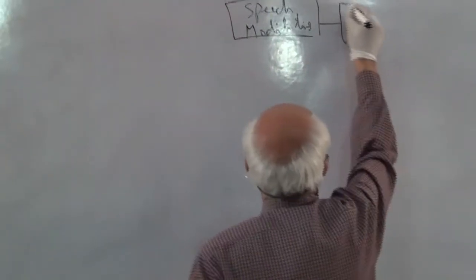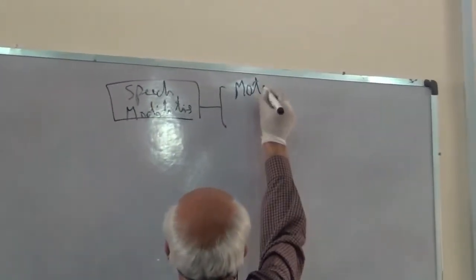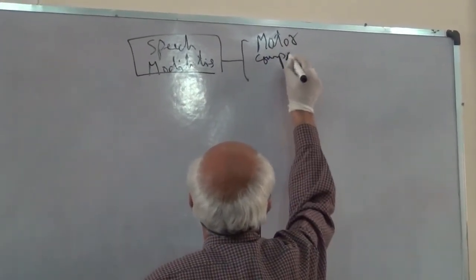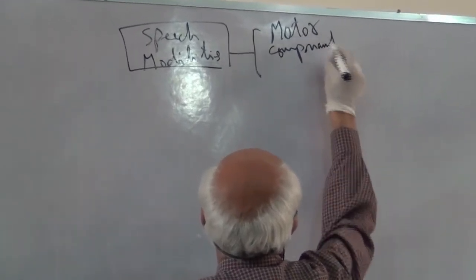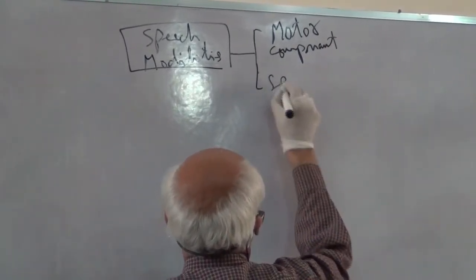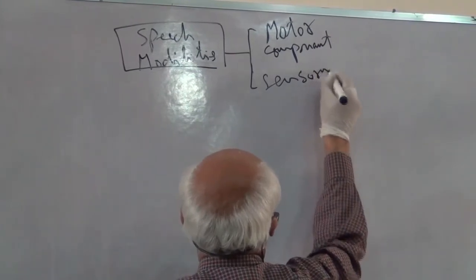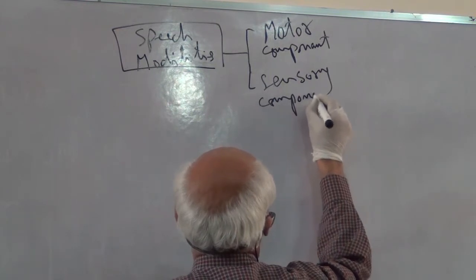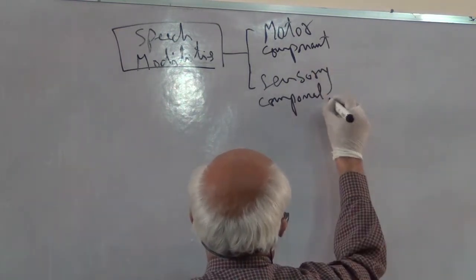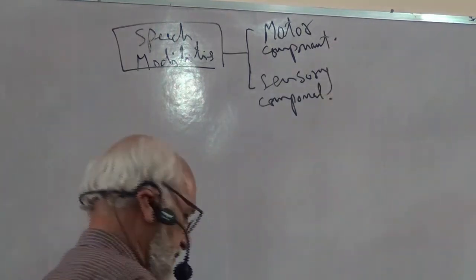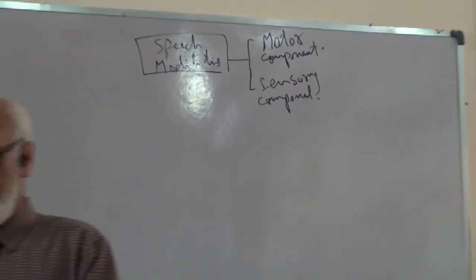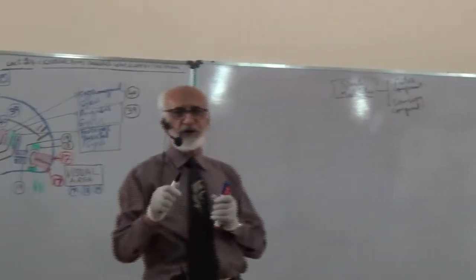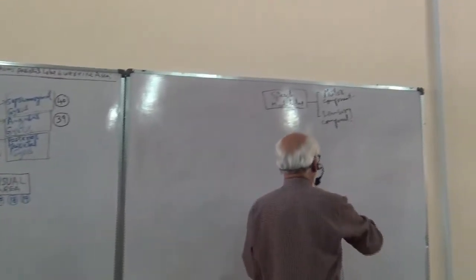There is the motor component of speech, and the sensory component and modality of speech. Therefore, we have two types of centers: the motor speech center and the sensory speech center.